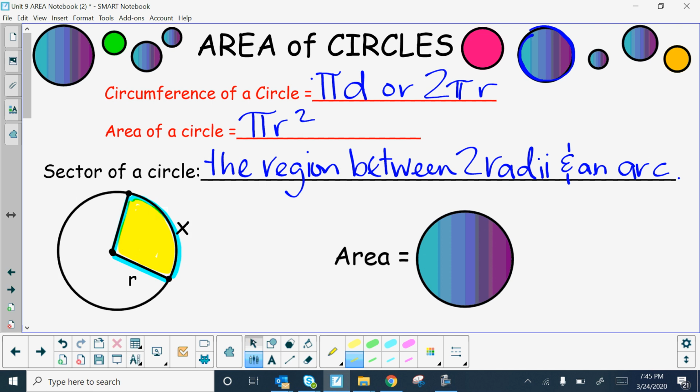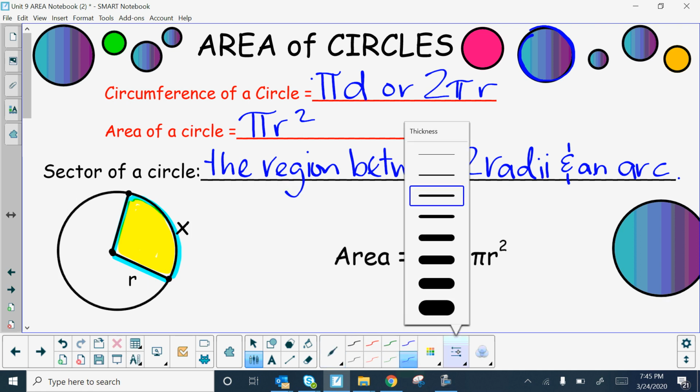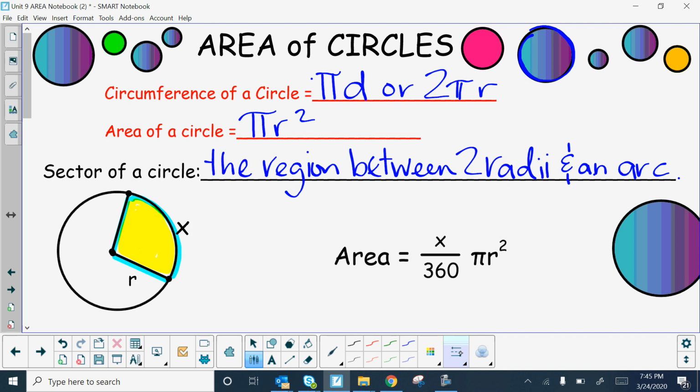How do you find the area of that? Here's what you want to do. You want to take a portion of the circle. The whole entire circle is 360 degrees. So if I only want a portion of the circle, I'm going to take this angle right here, which is also the same as this arc. That's going to be X degrees.